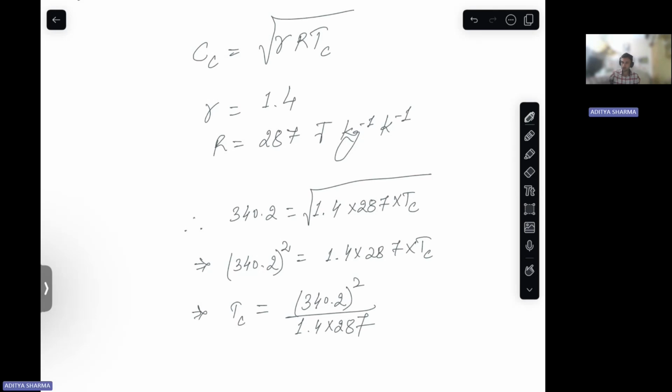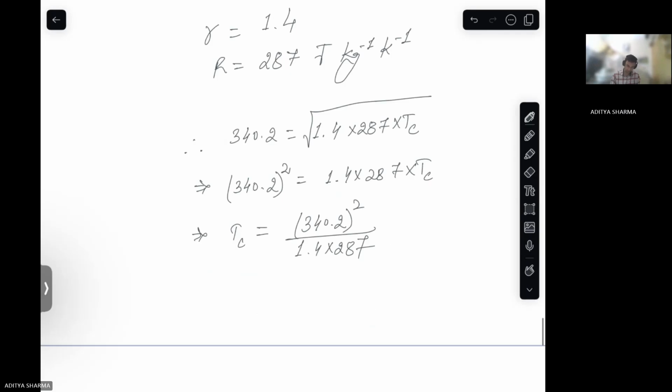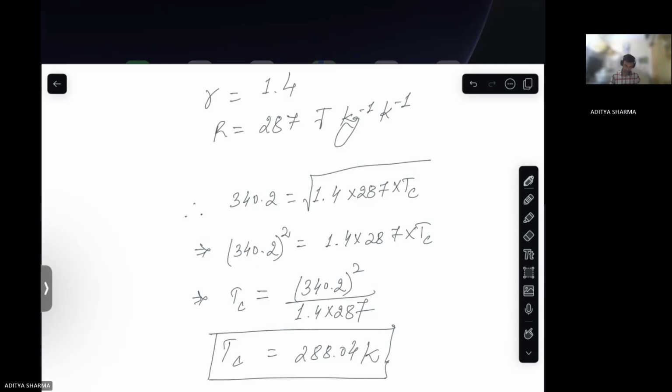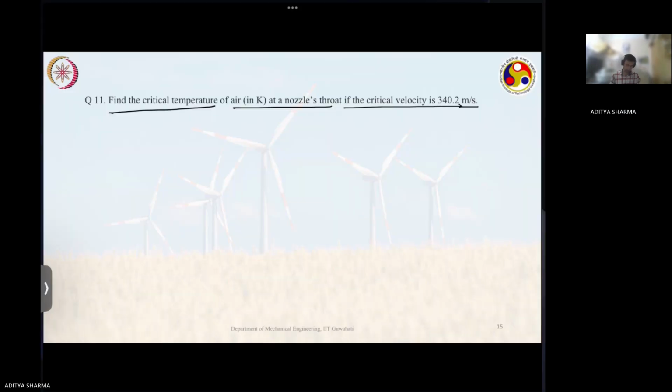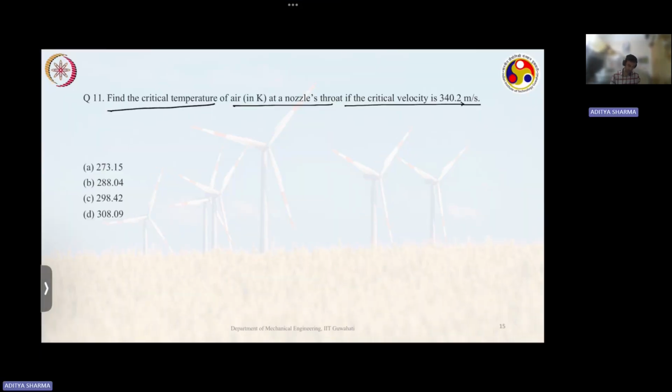So this comes out to be the answer. So this is your question number 11. So B option is correct.